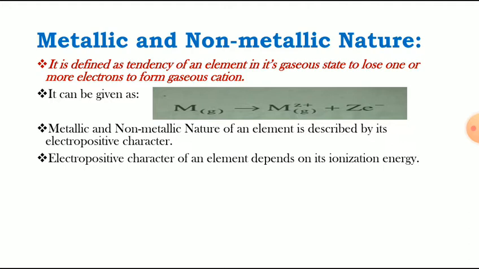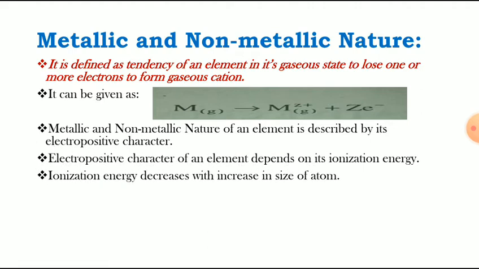Ionization energy means the energy required to remove the outer loosely bound electron in the gaseous state. That means when the metal is in the gaseous state, whatever electrons are in its outermost shell, 1 or 2, that electron will be removed, or you can say lost. The energy required at that time is called the ionization energy. Hope you understood the definition of ionization energy.